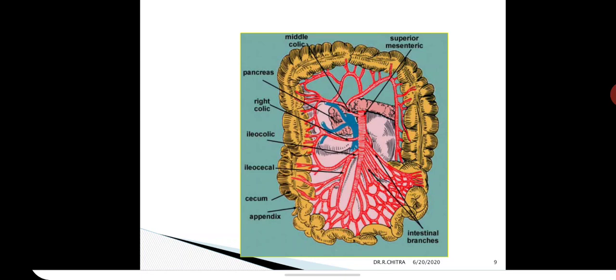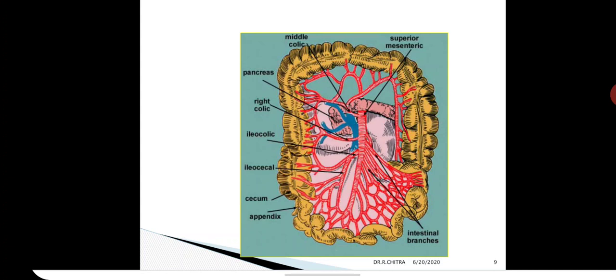From the convex left side, mainly you try to see that there will be the jejunal and ileal branches. They pass between the layers of the mesentery. You can see a series of arterial arches on the left side branches. So they are the jejunal and ileal branches. Jejunal mesentery presents 1 to 2 arterial arches. Ileal will have 3 or more arches.